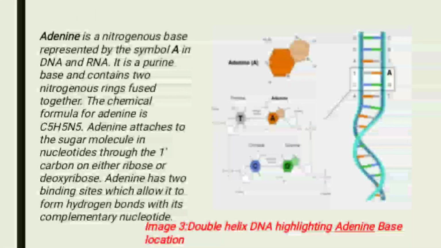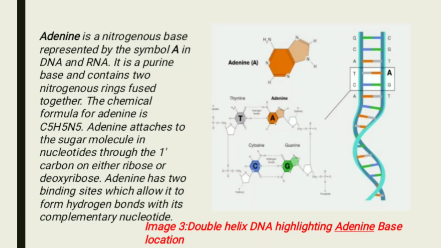Let's understand it a bit deeper, starting with adenine. Adenine is a nitrogen base represented by the symbol A in the DNA double helix model or an RNA model. It is a purine structure where two different kinds of rings are fused together to form a purine molecule.